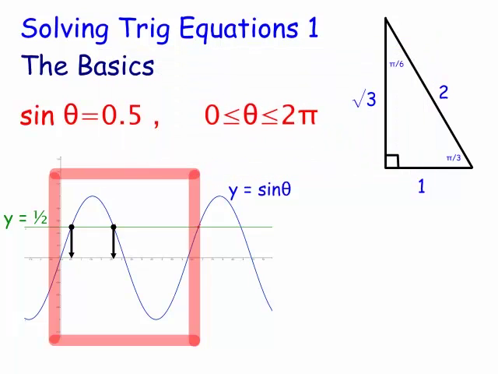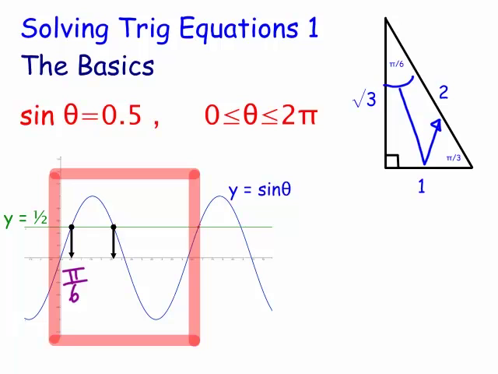So we know automatically one solution would be 30 degrees, which we know hopefully is pi on 6. So let's write that in. One of these solutions is pi on 6, or 30 degrees. And we can see here from our special angles result, this angle here, if you look at the opposite on the hypotenuse, it's a half.